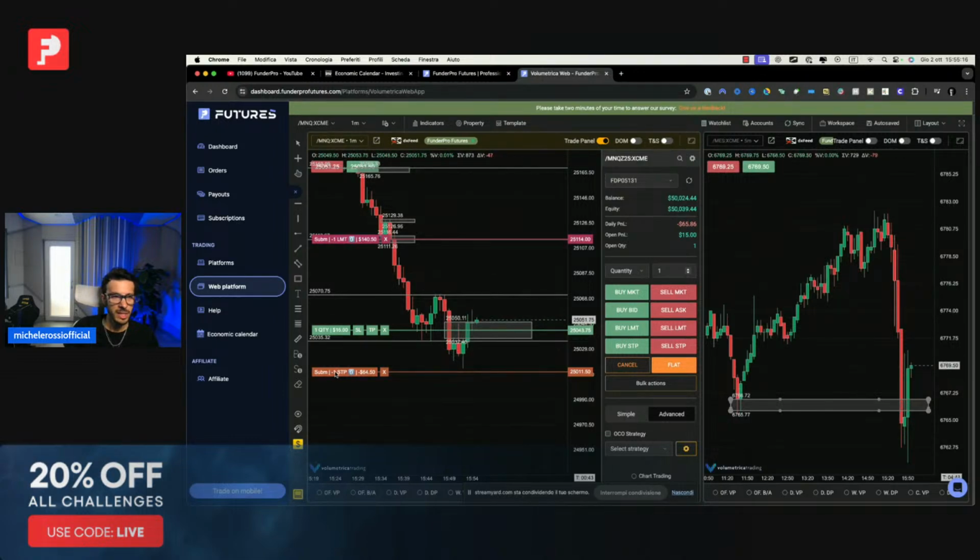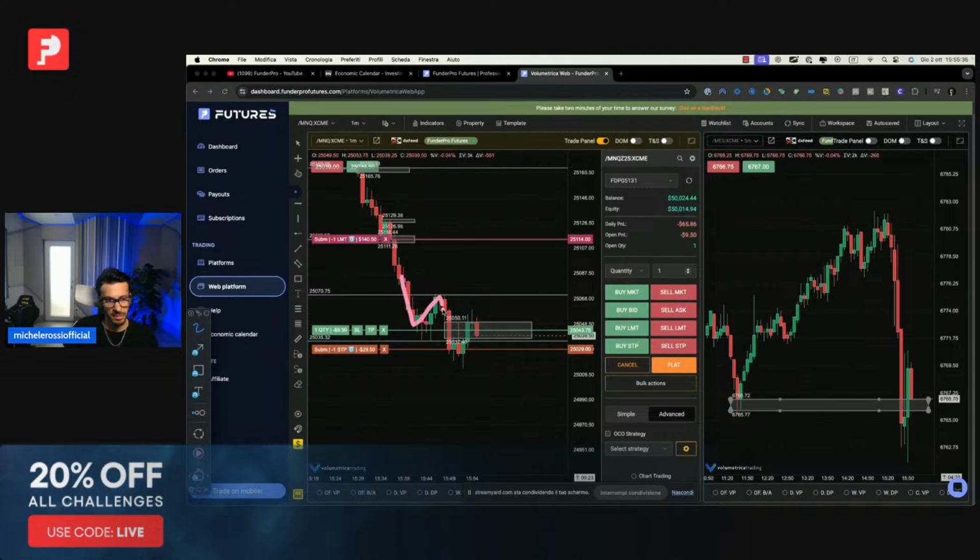I don't want to see the price flip back to my stop loss again, so I'm half sizing the stop loss. I'm gonna put the stop loss down here. So basically I'm gonna risk half position. If it keeps on flipping back and doing like this, I don't wanna force it.